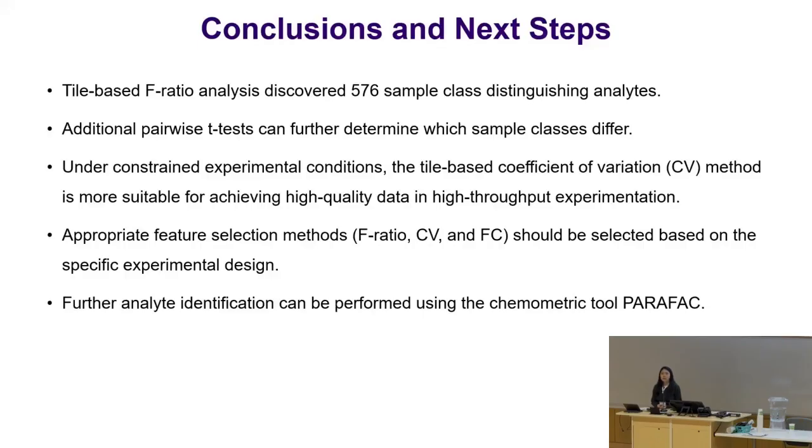All in all, the choice of metric, among F ratio, coefficient of variation, or fold change, depends on the experimental design you want to achieve. For further studies, we're going to apply chemometric tools to improve our analyte identifications and bring together a more comprehensive analysis across different approaches.